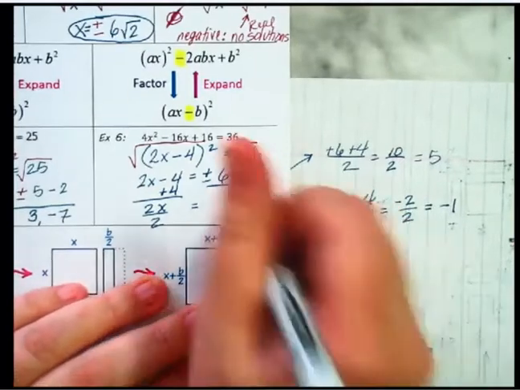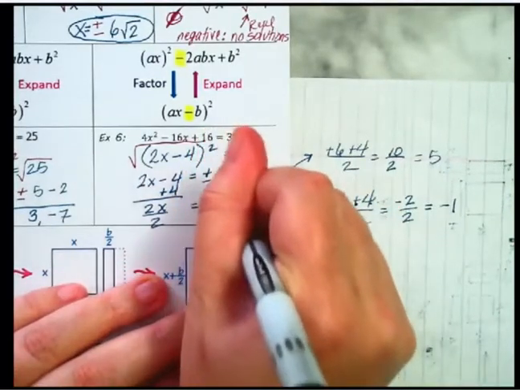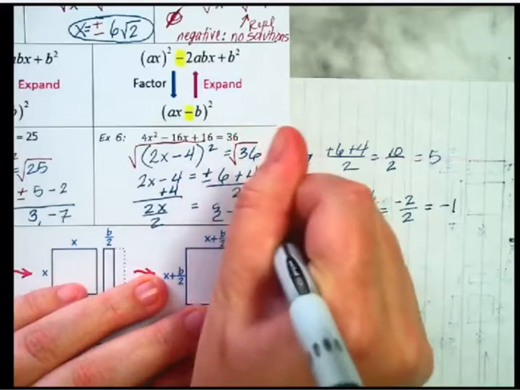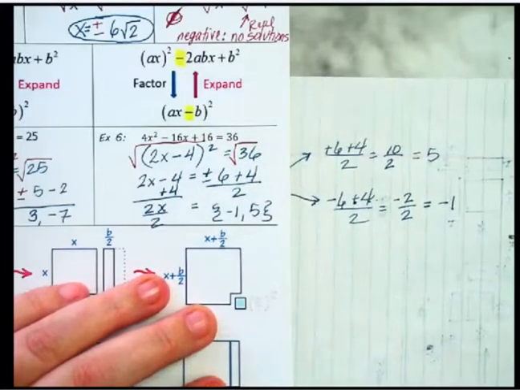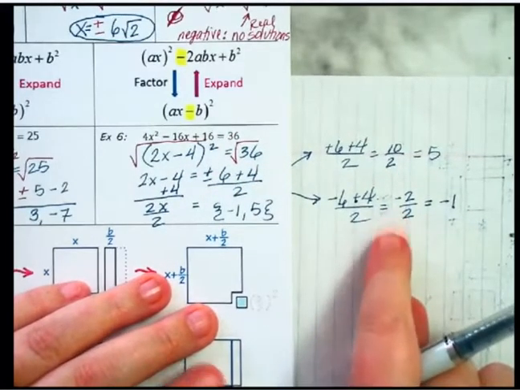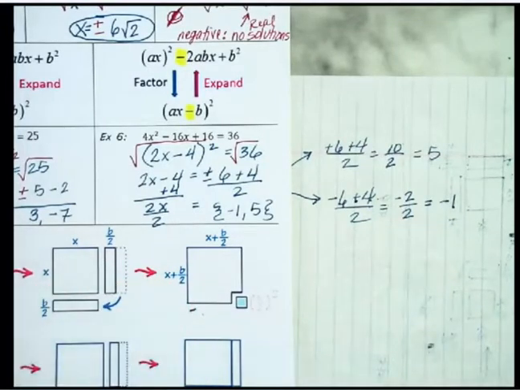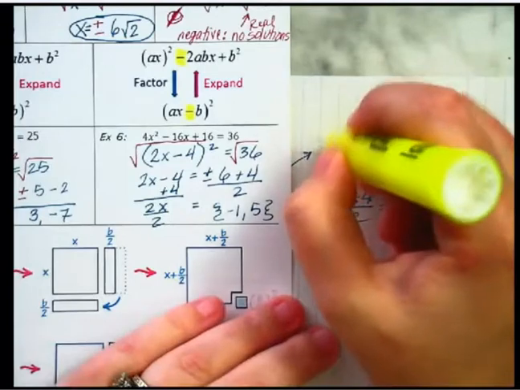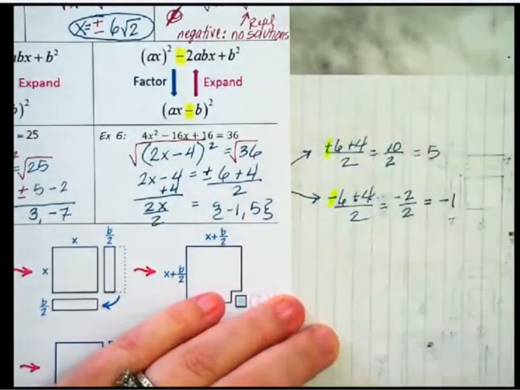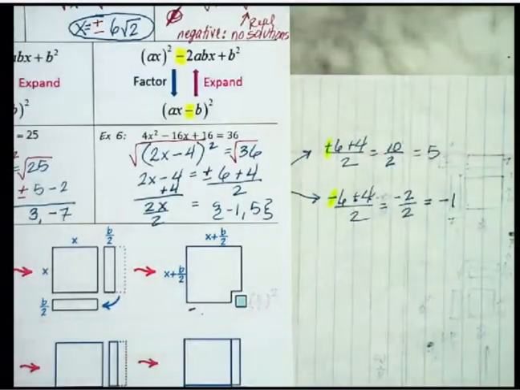So my two solutions are -1, 5. And here's the work for how I got those. So just remember, one is a positive solution, the other is a negative solution, and you have to break those up to figure out what the two solutions will be.